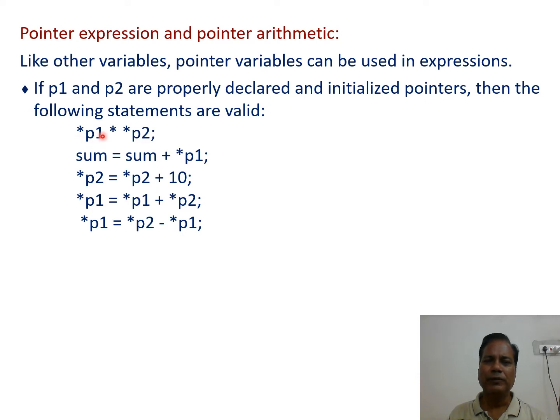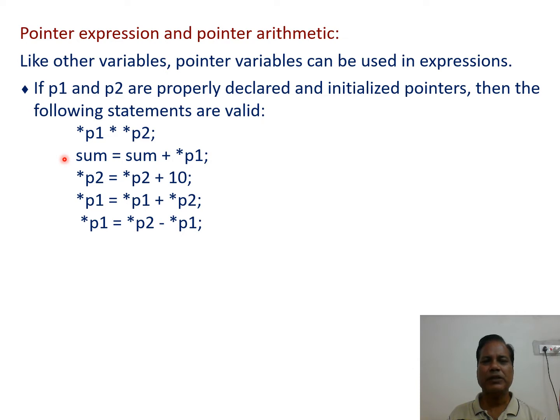Asterisk P1 into asterisk P2 semicolon. The meaning of this statement is that the data pointed to by the pointer variable P1 is multiplied with the data pointed to by the pointer variable P2.